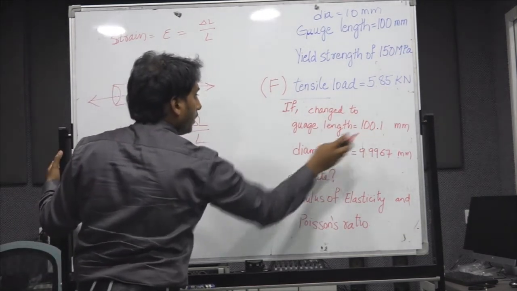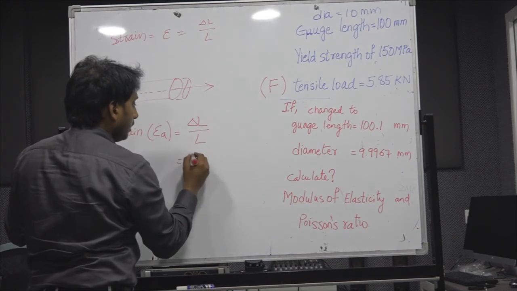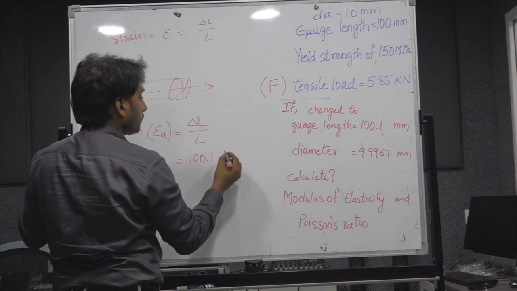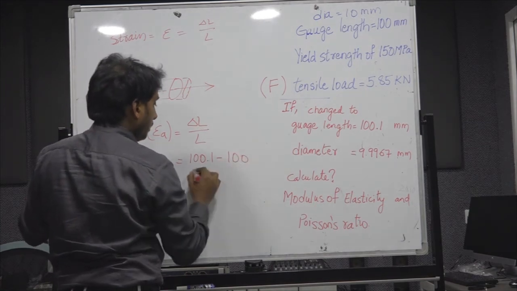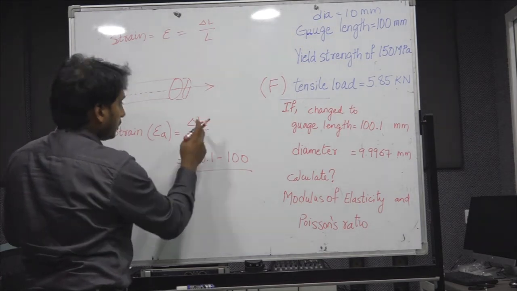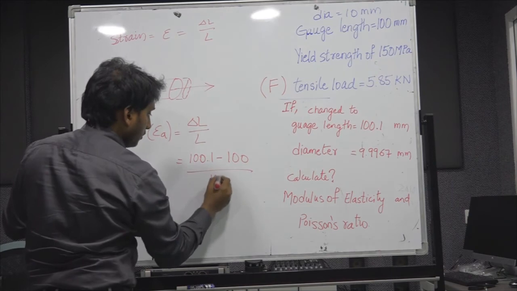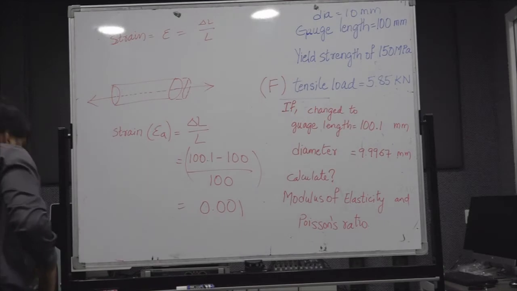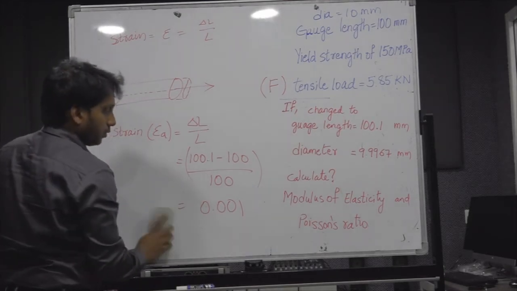The changed gauge length is 100.1. So change delta L means 100.1 minus original length 100, over original length 100. If you solve this, you can get 0.001. So this is the axial strain, 0.001.